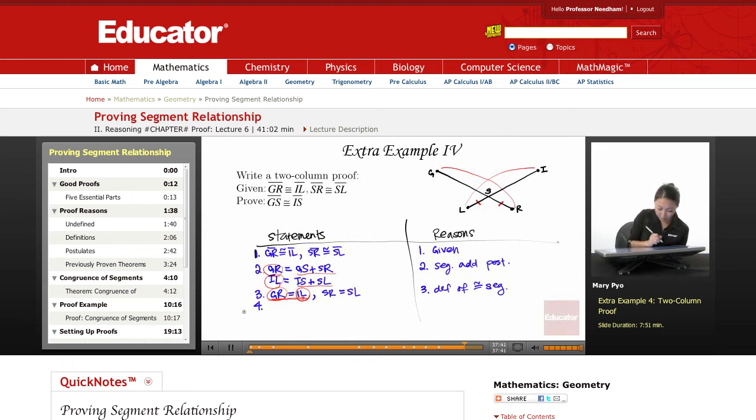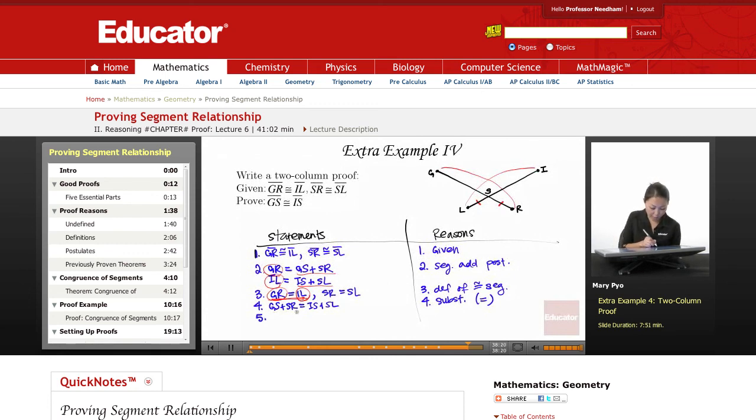So I'm going to make GS plus SR equals IS plus SL. Again, all we did was substitute in all this stuff for GR and all this for IL. And that is substitution of congruent segments, or substitution property of equality, because it's equal.